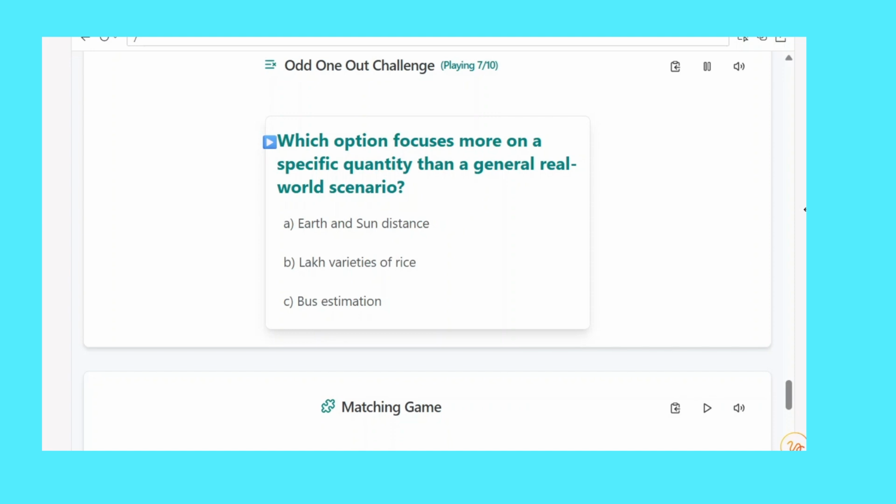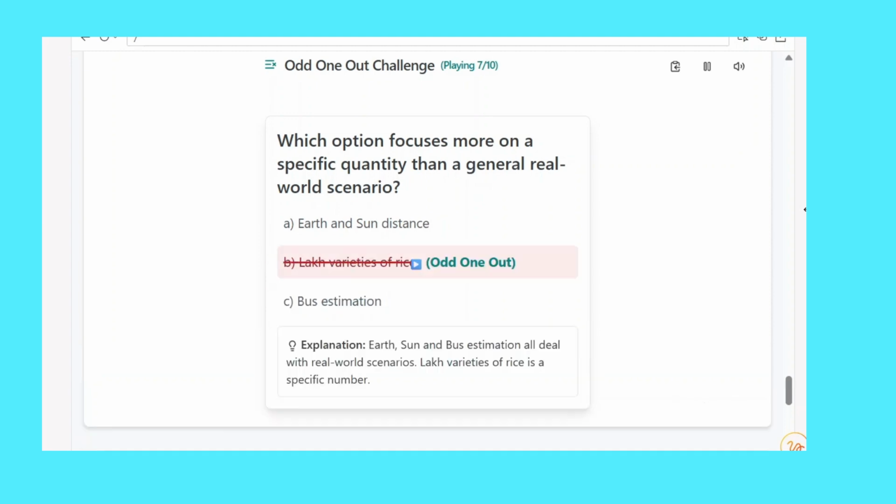Which option focuses more on a specific quantity than a general real-world scenario? Earth and sun distance, lakh varieties of rice, bus estimation. The odd one out is lakh varieties of rice, because Earth, sun and bus estimation all deal with real-world scenarios. Lakh varieties of rice is a specific number.